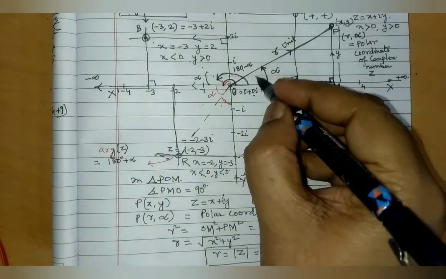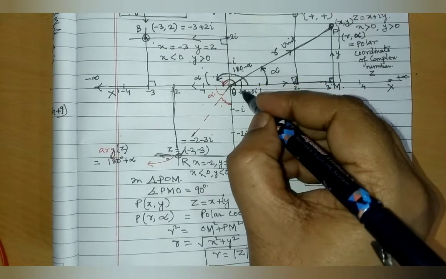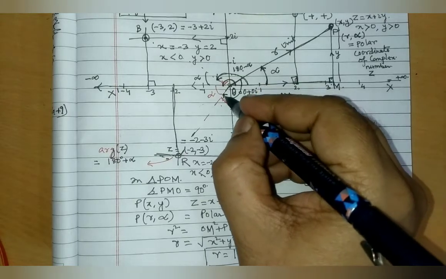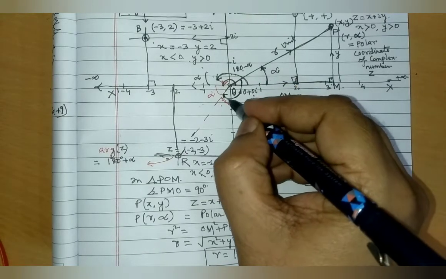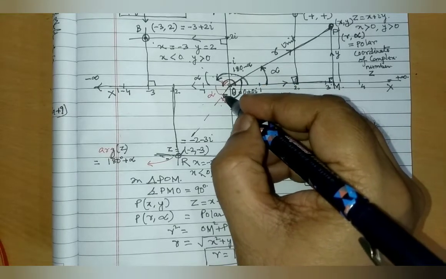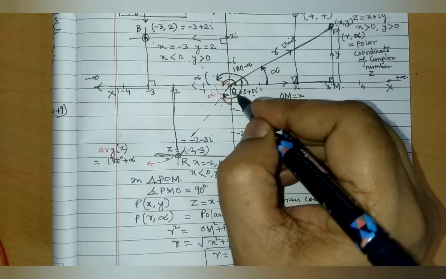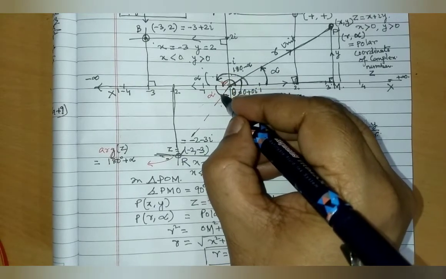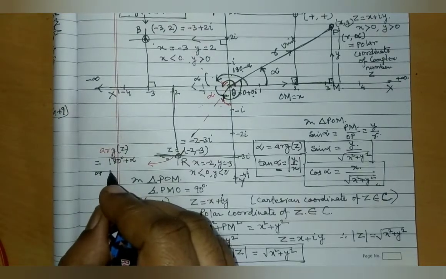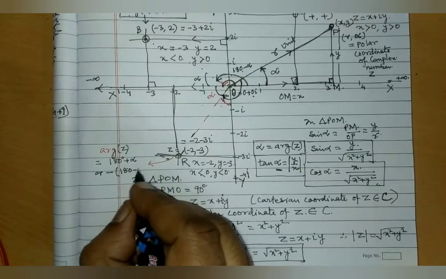Or if we go in the clockwise direction, coming from this direction, we see that this is a negative angle, but it is less than 180 degrees. And how much? This is alpha, so this can be written as minus (180 degrees minus alpha).